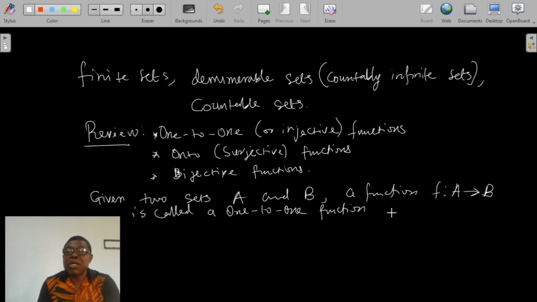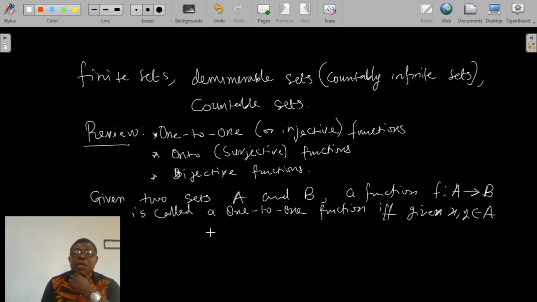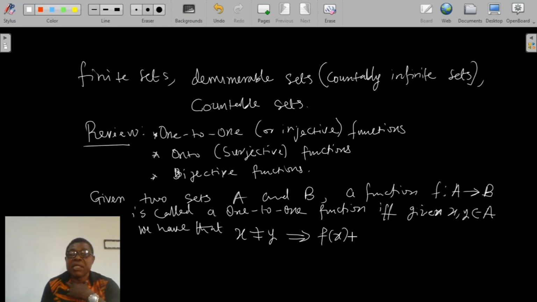So a function is called a one-to-one function if and only if, given x, y in A (here I'm assuming that the domain of the function is A), we have that x not equal to y implies f of x is not equal to f of y. What this means is that distinct elements have distinct images.